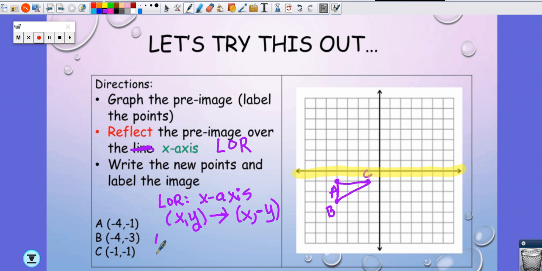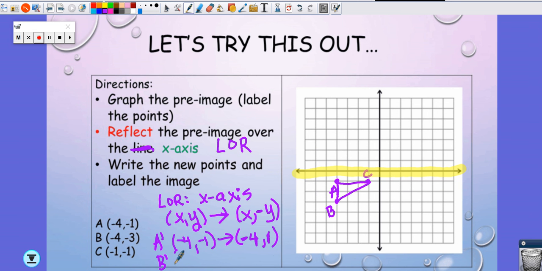So here, to get A prime, I have my (x, y) as (-4, -1). When I do the reflection, it tells me to keep the x, so that becomes -4, and take the opposite of the y. So if that's -1, it needs to become +1.